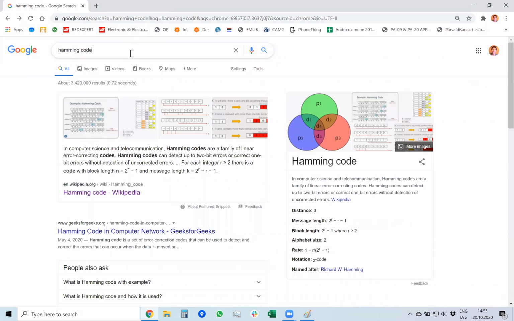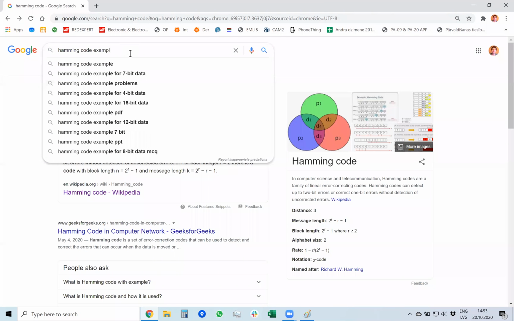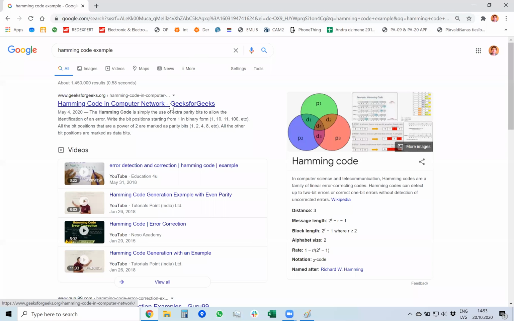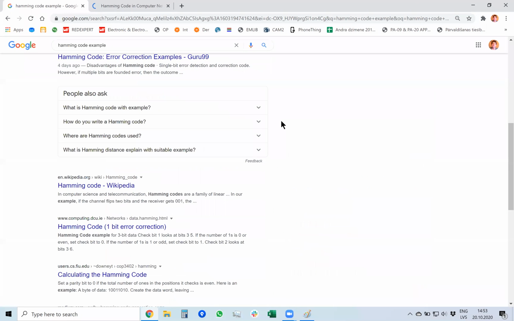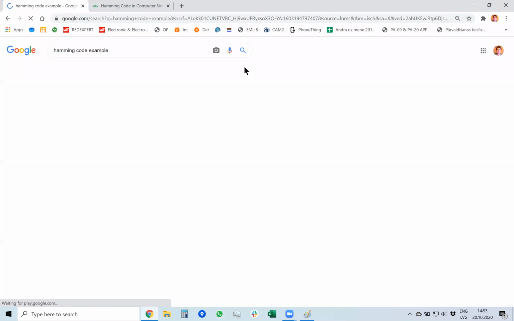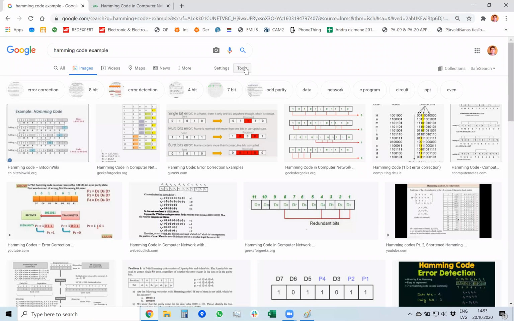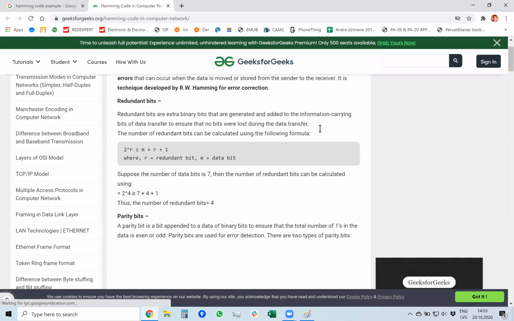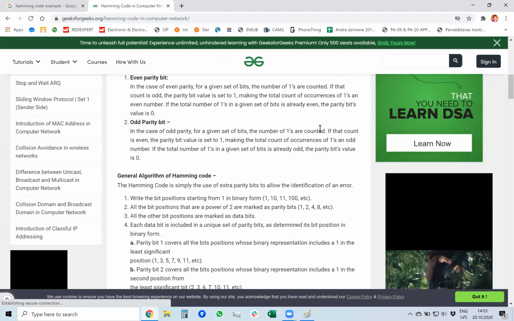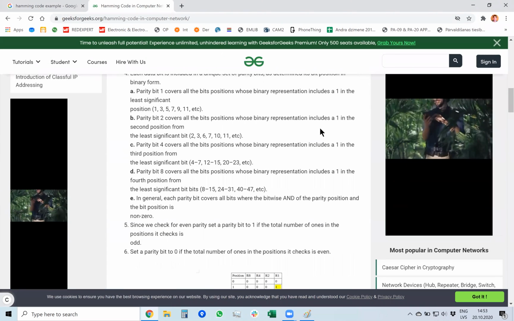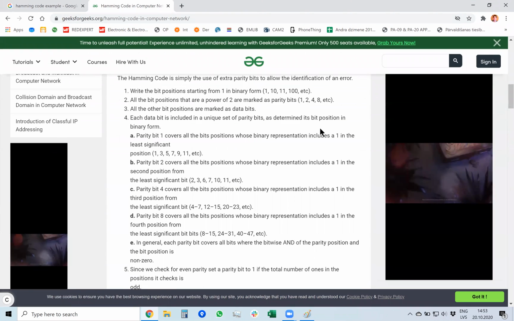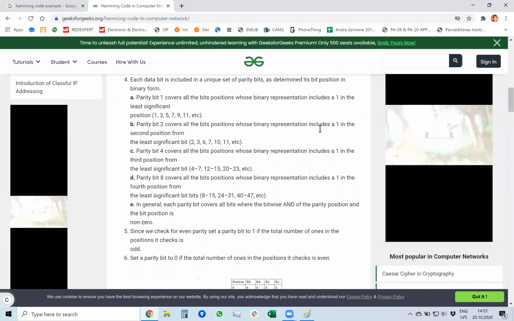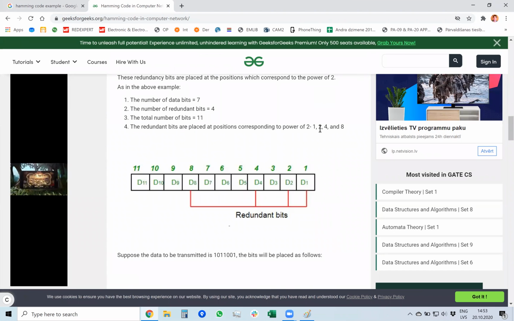Let's just search for it. So here's the example, the algorithm. Okay, so here it is.